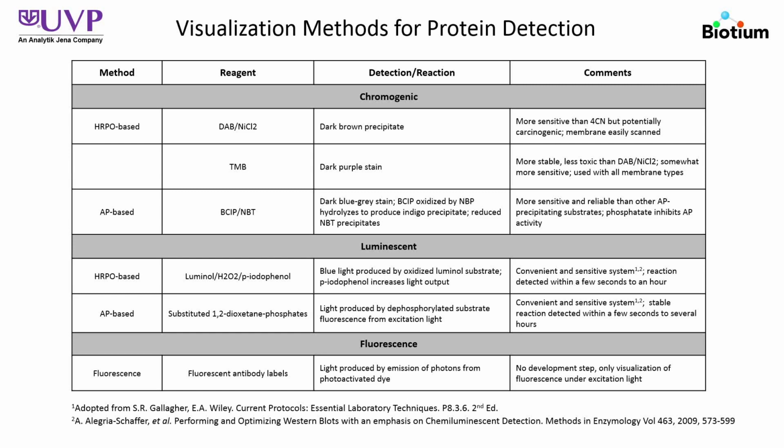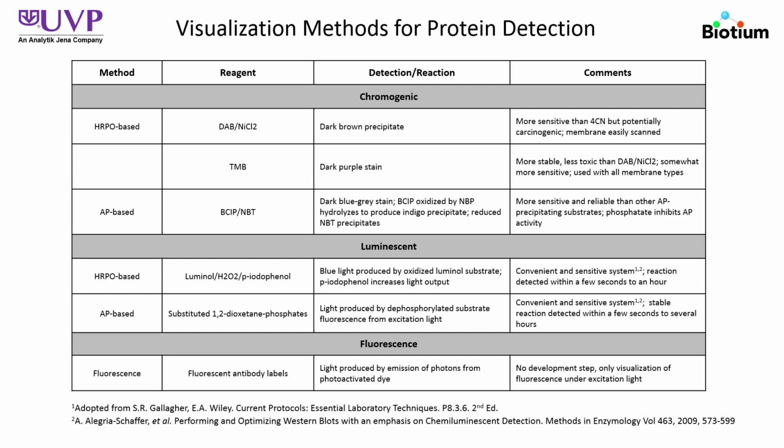Now, fluorescence blotting, particularly in the NIR, will be covered by Dr. Roberts in much detail later on in the presentation. A quick comment about fluorescent techniques is that they are really very straightforward. There's no development step. You simply add your antibody that has a tag and visualize the fluorescence.